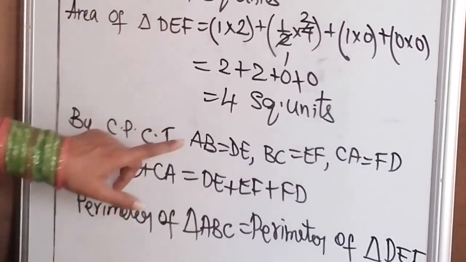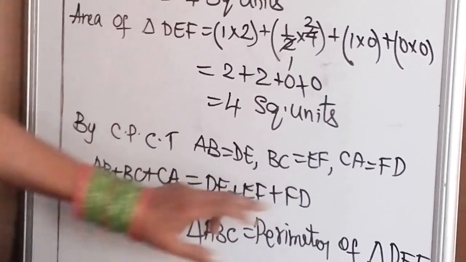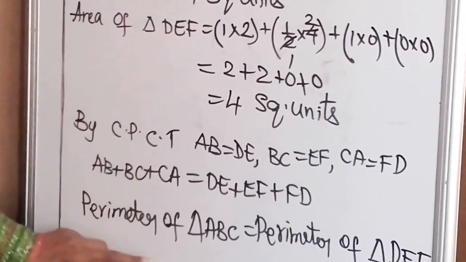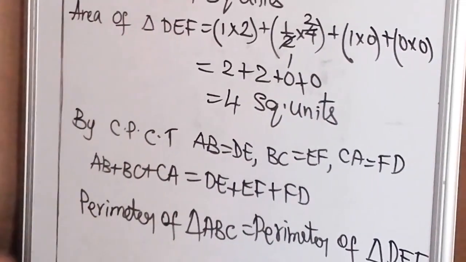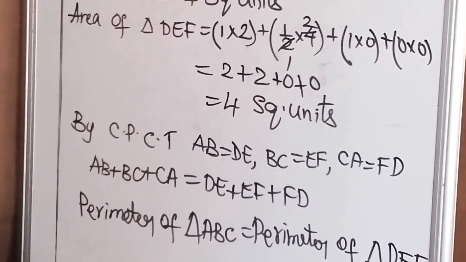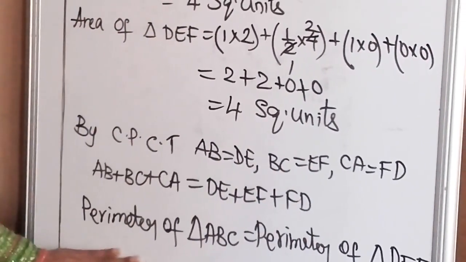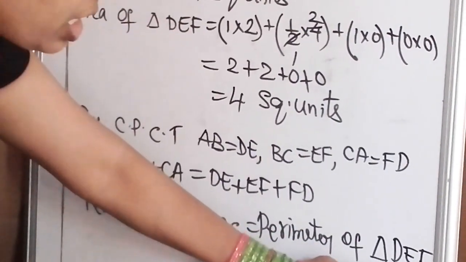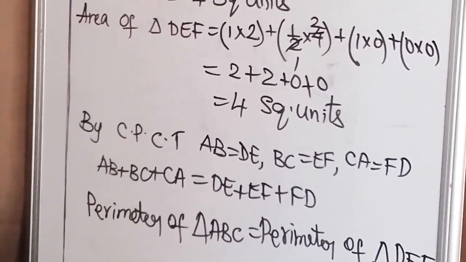Then we have added AB plus BC plus CA, DE plus EF plus FD. This is nothing but the perimeter of triangle ABC and this is the perimeter of triangle DEF. They asked you to find out the relationship, and here you are able to find a relationship. Perimeter of triangle ABC is equal to perimeter of triangle DEF. Understood this? Copy in your class workbooks, children.